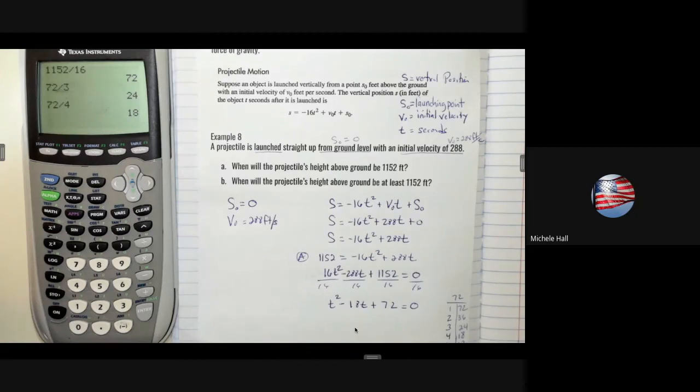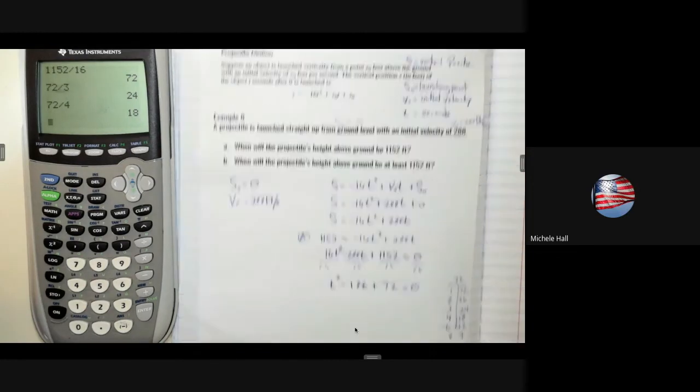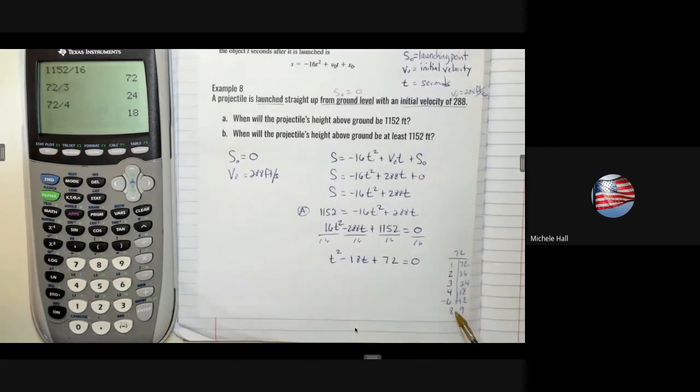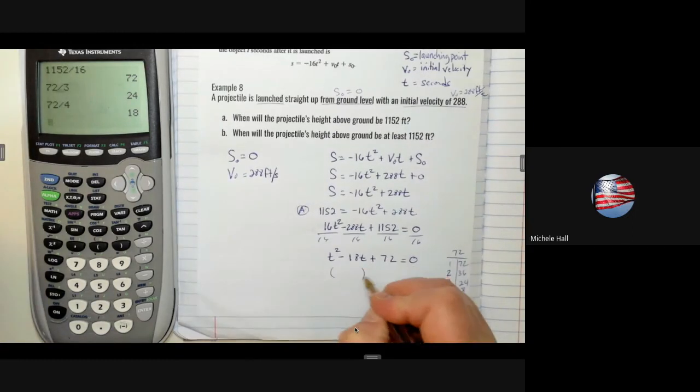So 6 and 12, they would have to be both negative. Negative 6, negative 12, add to negative 18, and negative 6 times negative 12 multiplies to a positive 72. So they add to negative 18, but they multiply to positive 72. All right, there we go.